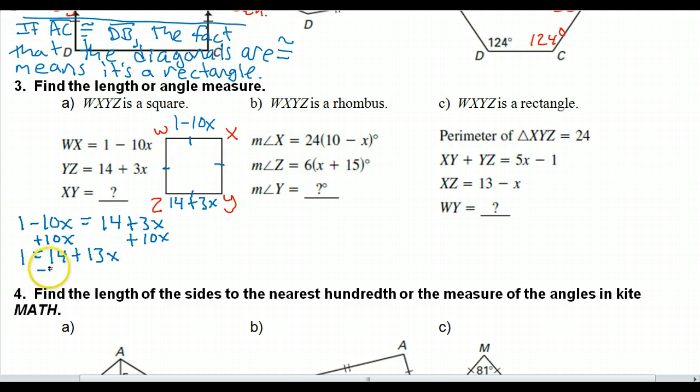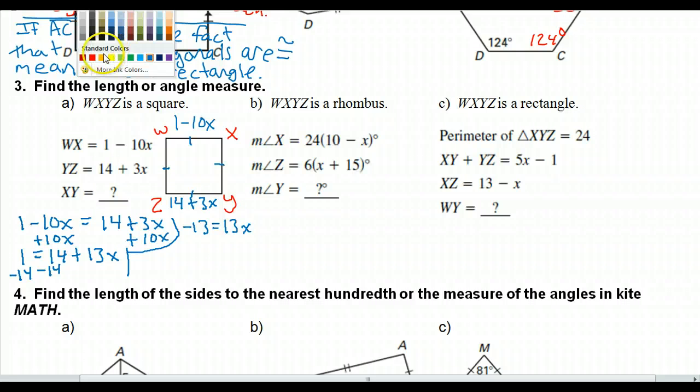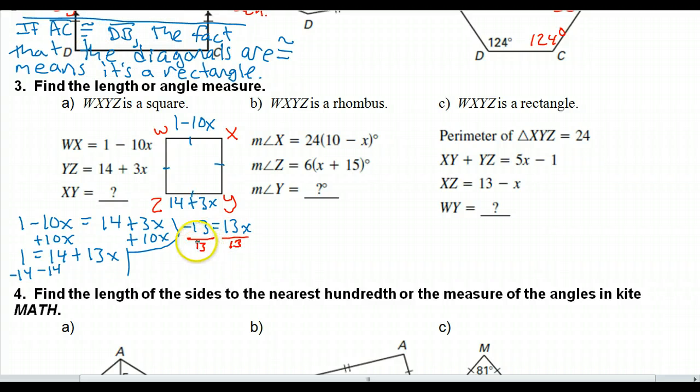If I subtract 14 from both sides, that's going to give me negative 13 equals 13x. If I divide both sides by 13, then that's going to give me x equals negative 1.